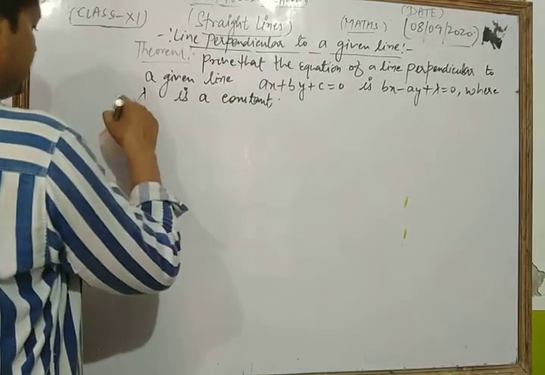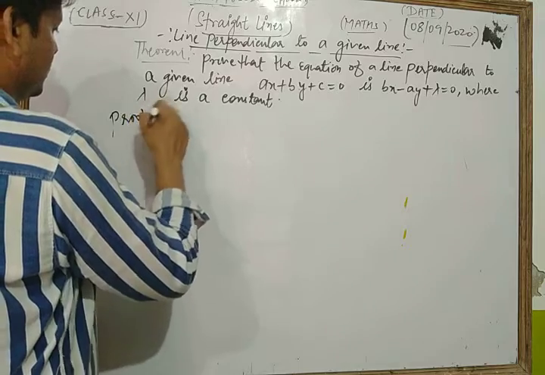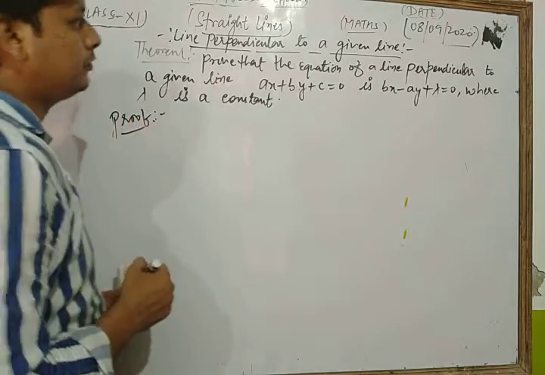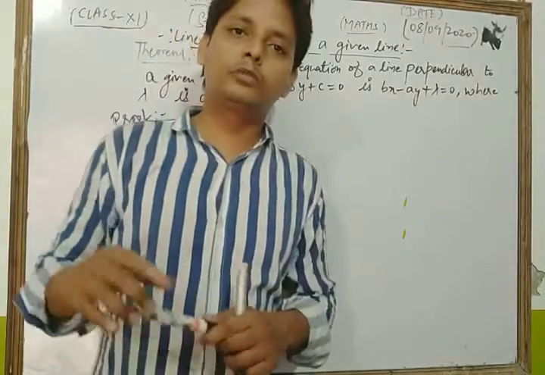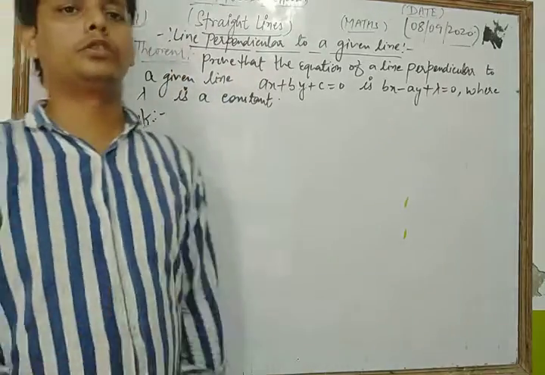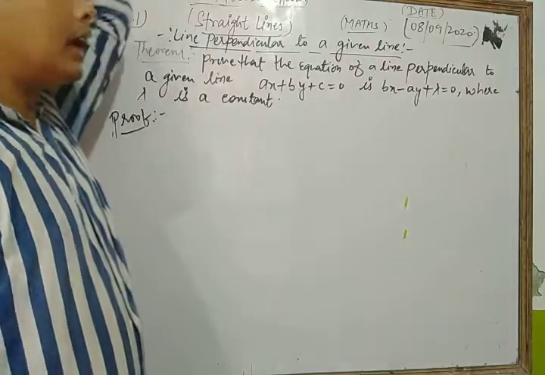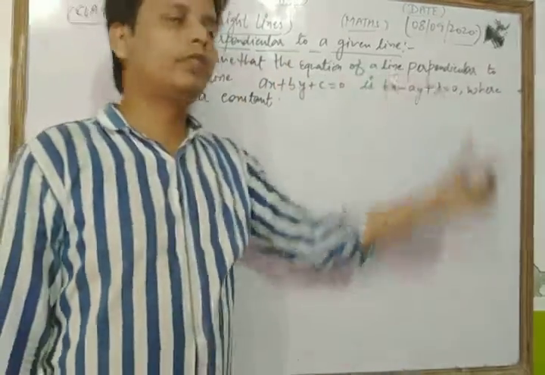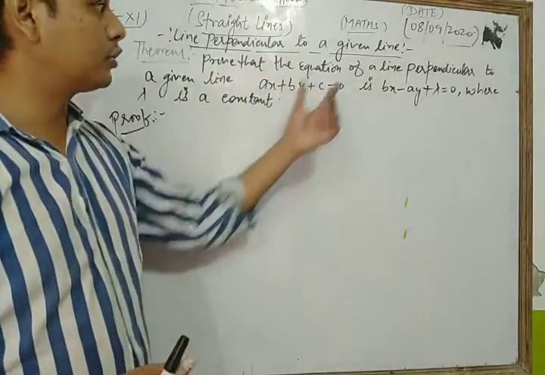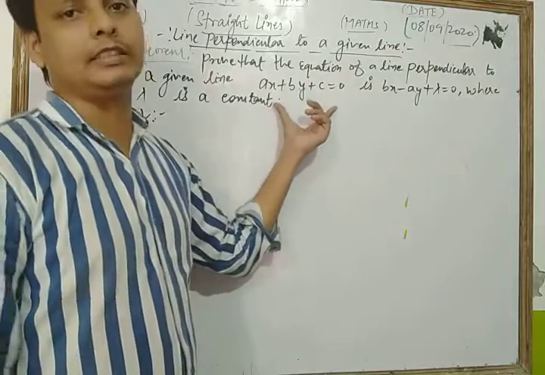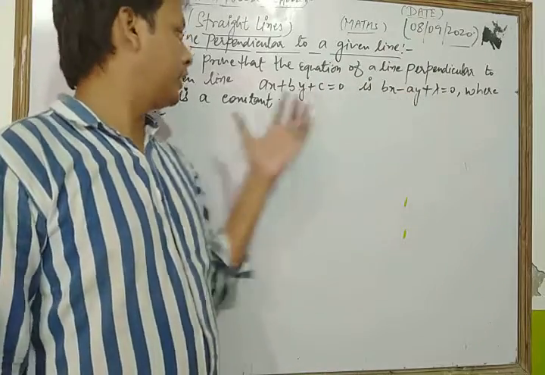Let's see its proof here, students. Dear students, this is one of the most important theorems of your syllabus. Here we have to prove that the equation of a line perpendicular to a given line is this, where lambda is a constant.